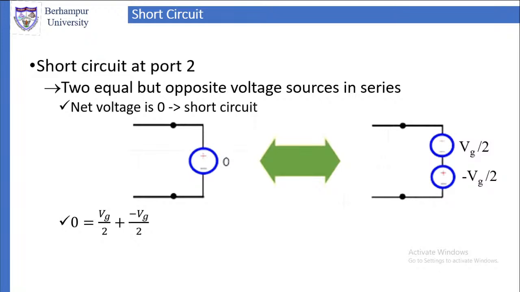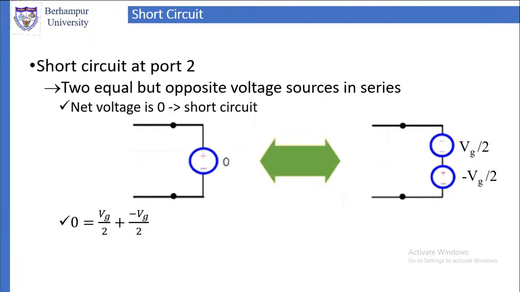So for the short circuit at port 2, we will take 2 equal voltage sources, but they are opposite in sign. So 2 equal but opposite voltage sources are in series, so plus of one is connected to minus of the other.